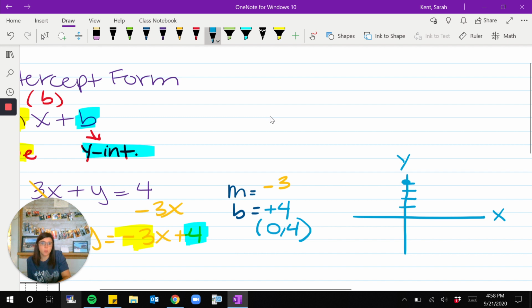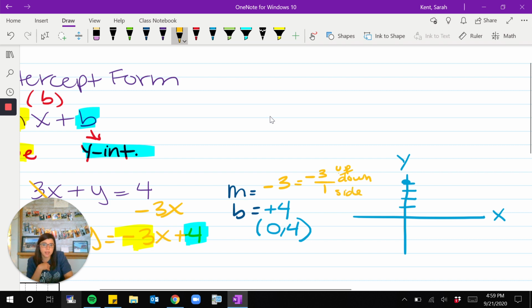And then my slope of negative 3, another way I can write this is negative 3 over 1. Whenever I'm looking at slope, my top number is telling me up or down, and this bottom number is telling me side to side.